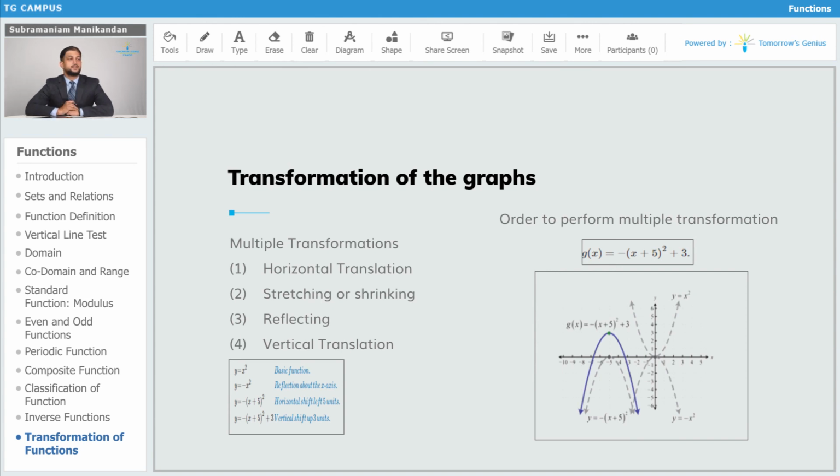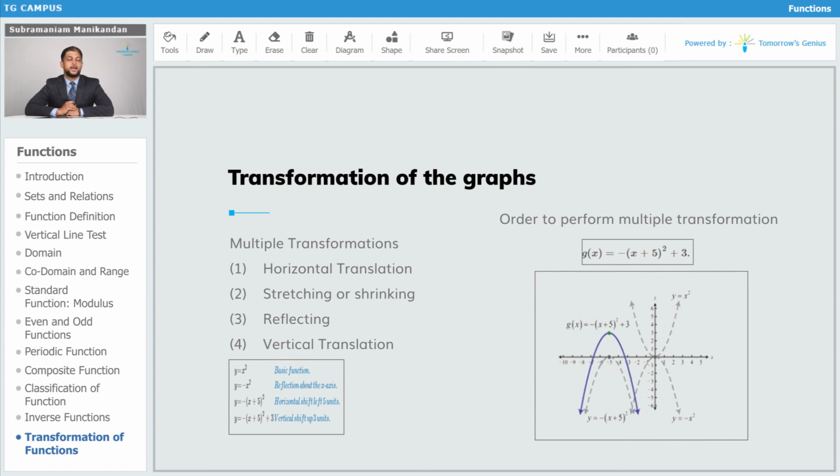And thus, summarizing everything, the multiple transformations that we can get by the different manipulations of a function are horizontal translation, vertical translation, stretching or shrinking of graphs, and reflection of graphs.